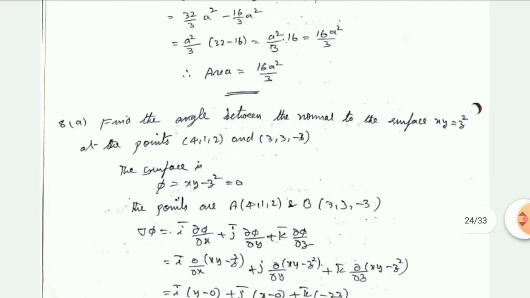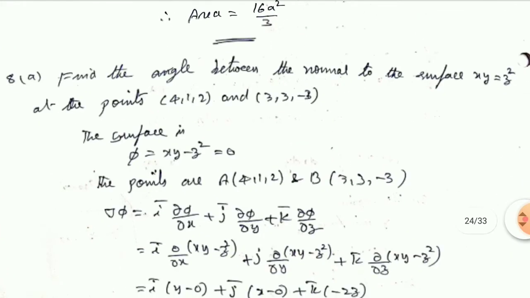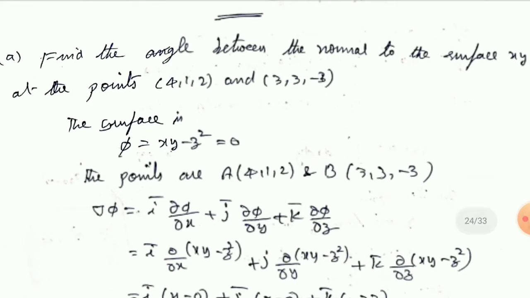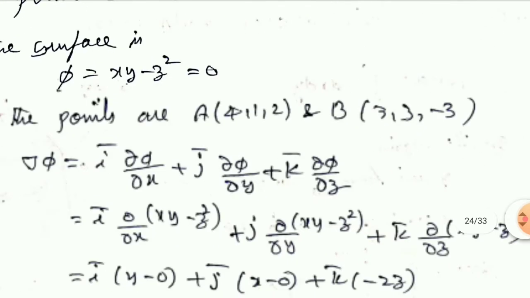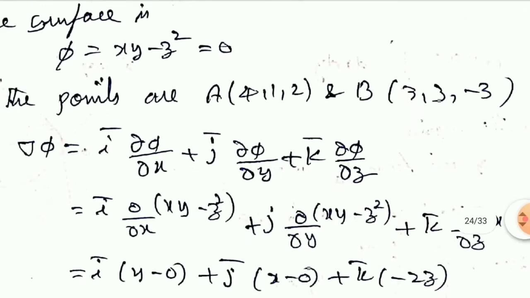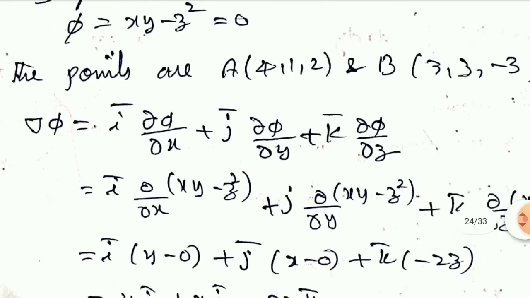So in order to get that given expression in terms of vector, I am supposing the given surface is phi, which is xy minus z square equal to 0, and the 2 points given I am denoting as A and B points. A scalar can be converted into a vector by applying the del operation, which is nothing but the gradient operation, i dou phi by dou x plus j dou phi by dou y plus k dou phi by dou z.